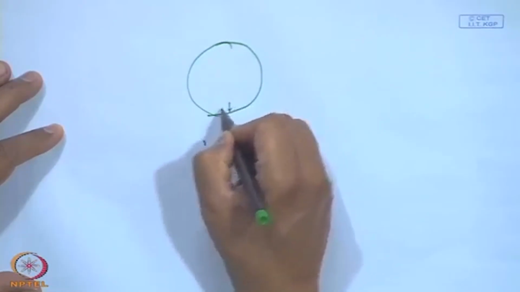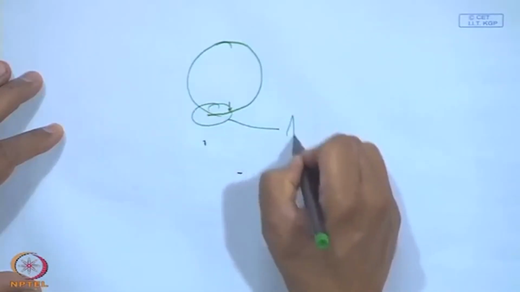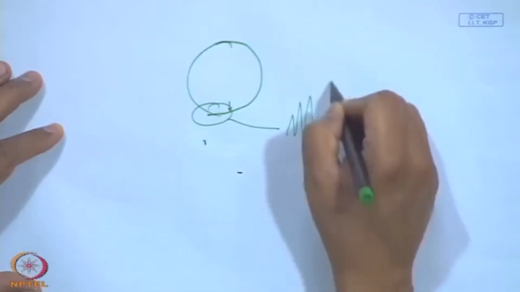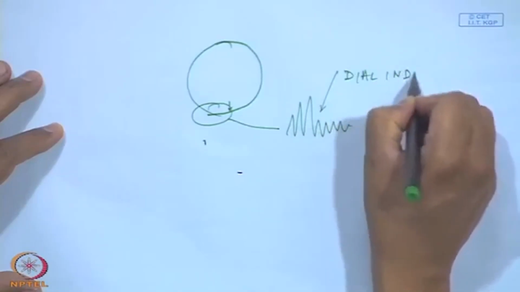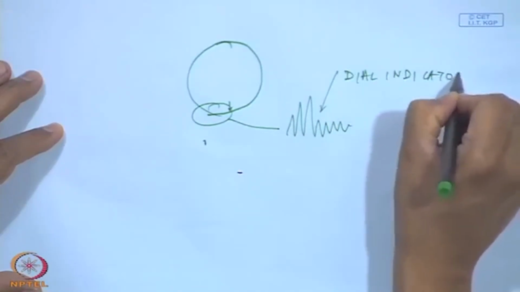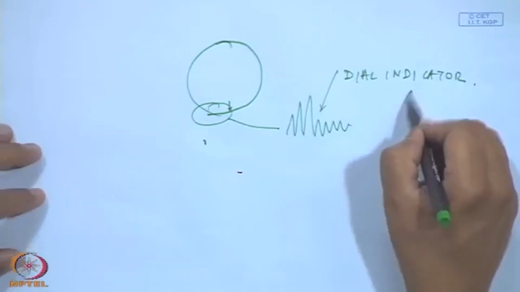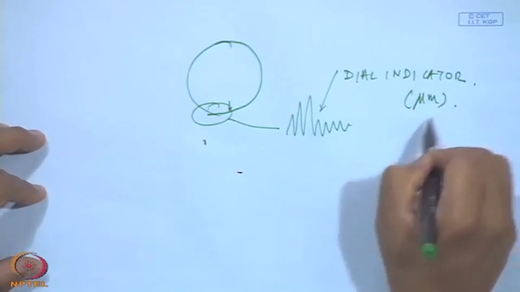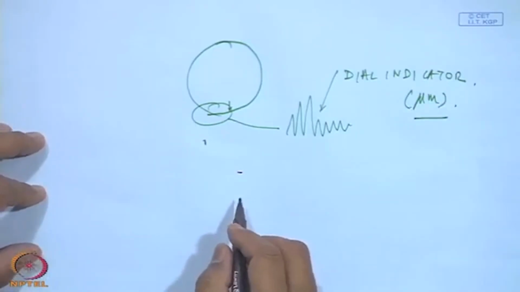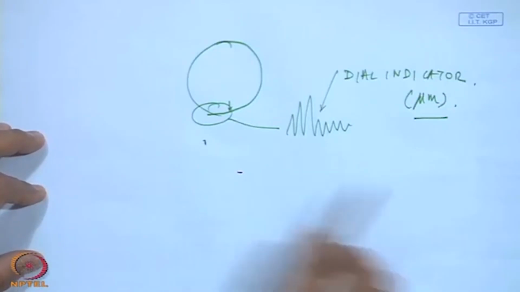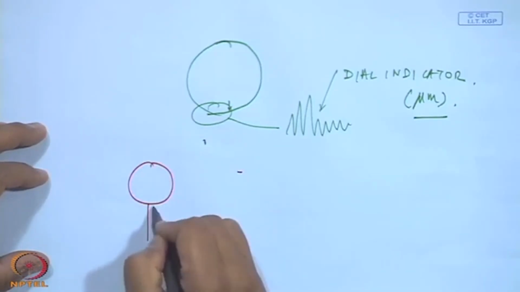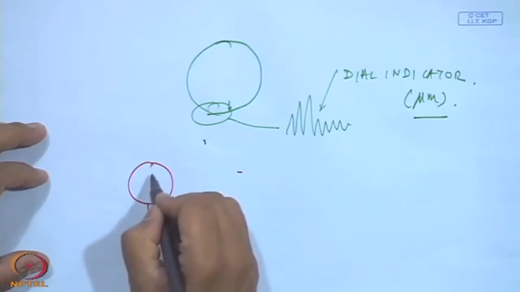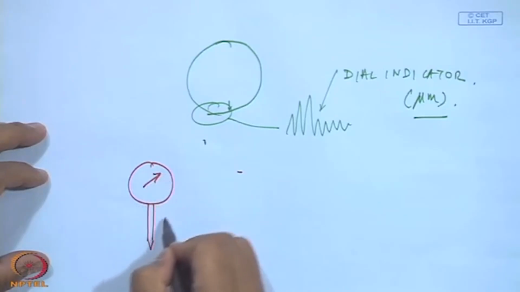The small variations here could be measured by a dial indicator. And this could be in the order of microns. So, to measure displacements, we have a mechanical device. A dial indicator looks something like this, and this is spring loaded. This is the plunger.